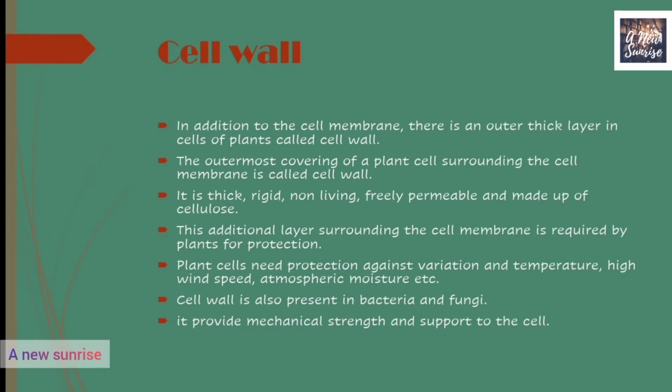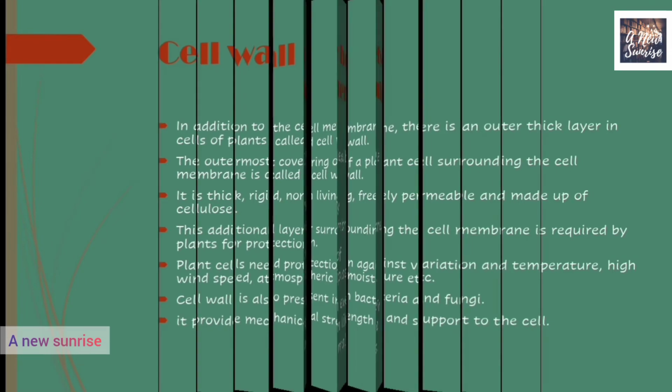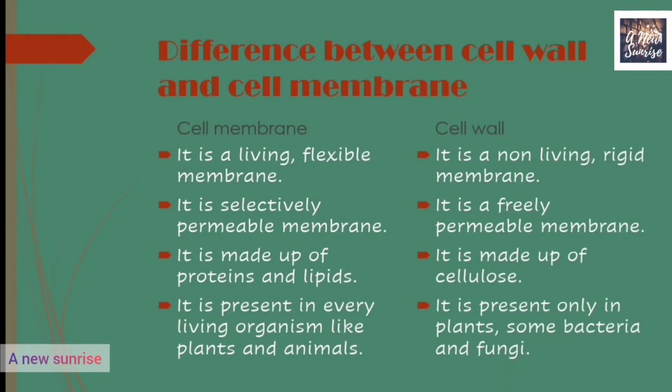Now let us proceed to our next topic, which will tell you about one more component of a cell. But before proceeding to the next topic, let's see what is the difference between cell wall and cell membrane. A cell membrane is a living, flexible membrane, whereas a cell wall is non-living and it is a rigid membrane.